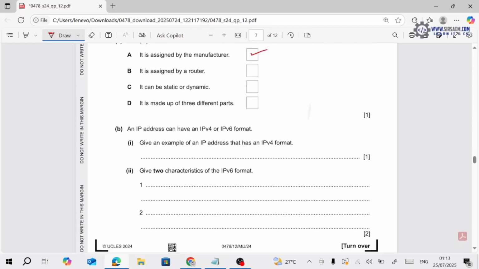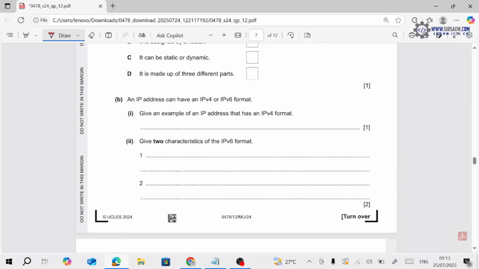An IP address can have an IPv4 or IPv6 format. Give an example of an IP address that has an IPv4 format. So an example could be 106.210.10.0. Okay, that's the example.